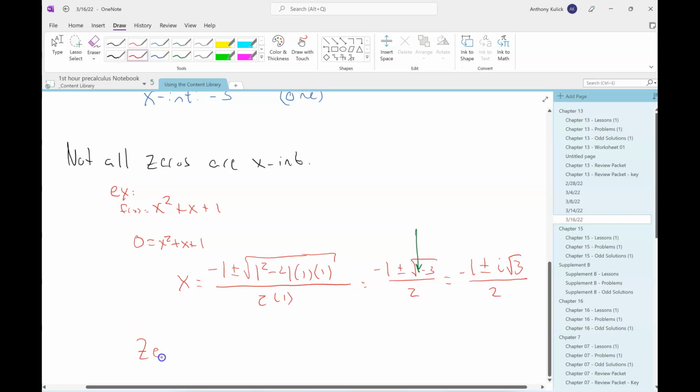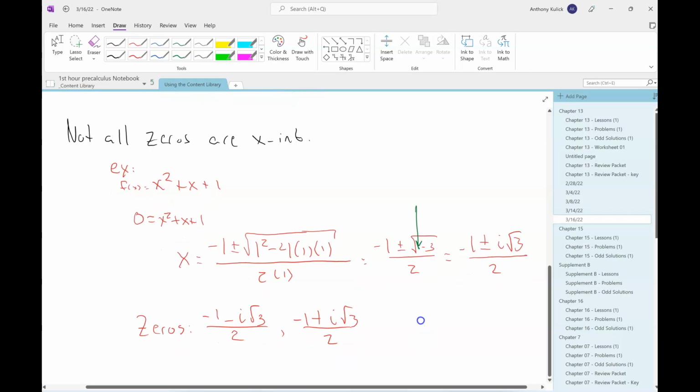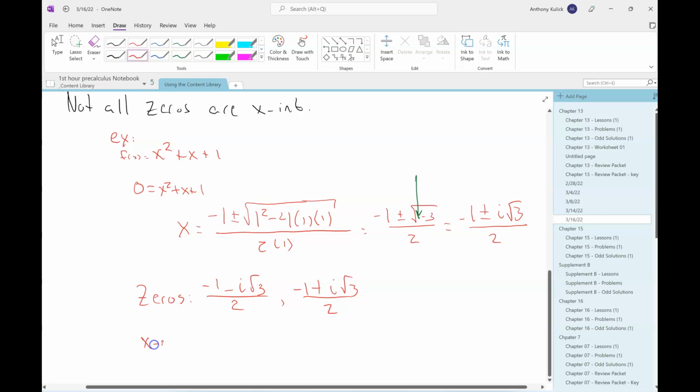So my zeros here would be -1 plus or minus i square root 3 over 2. Keep in mind that's two zeros because of the plus and minus. Maybe we'll write it as two separate things just to hammer that home. Two zeros.